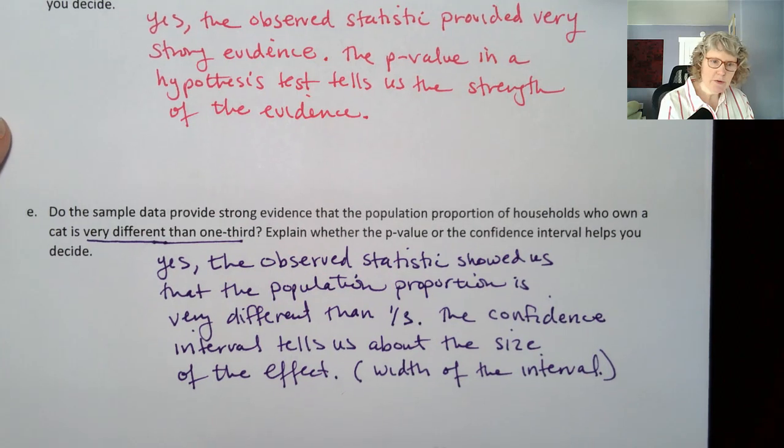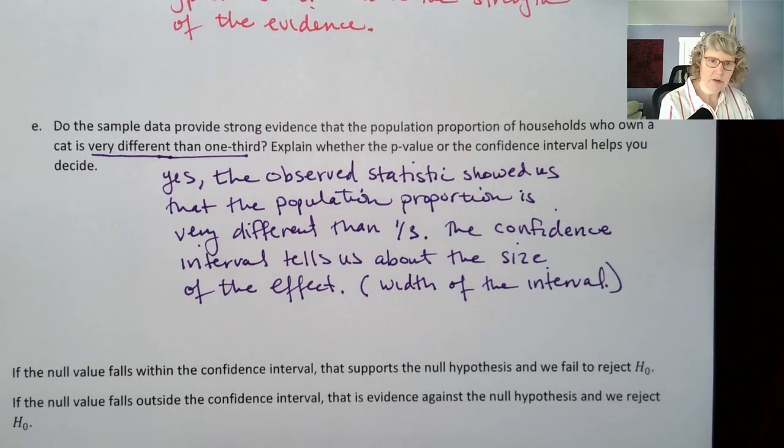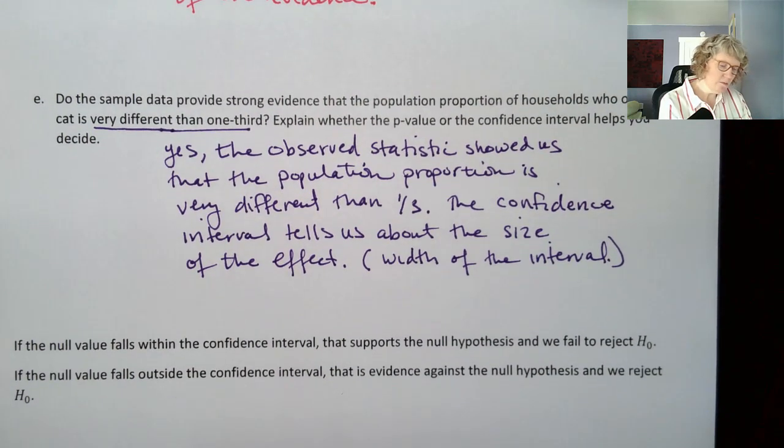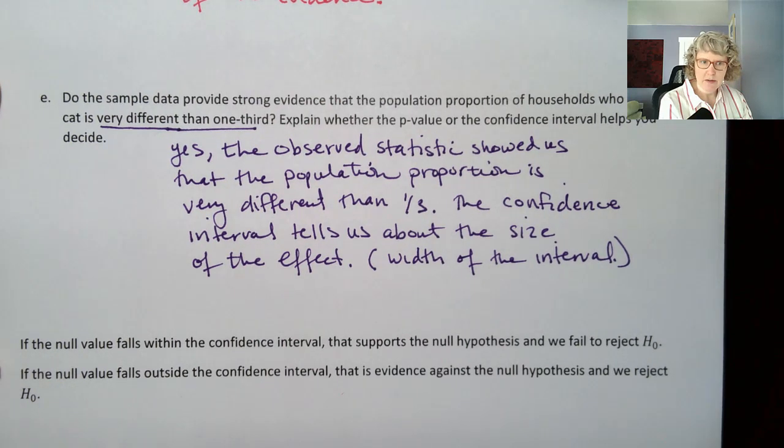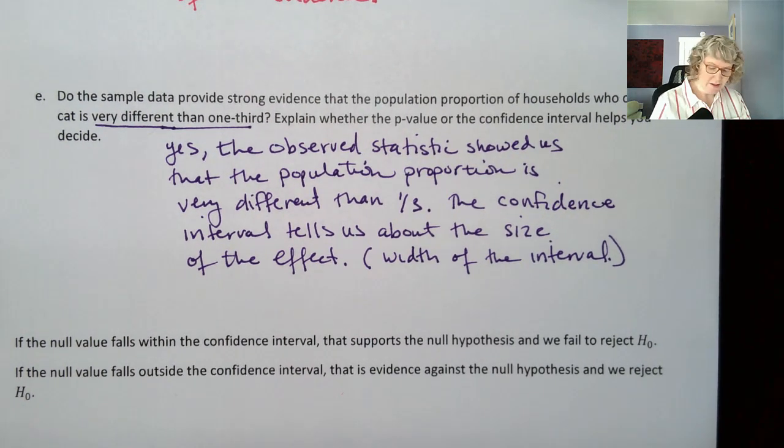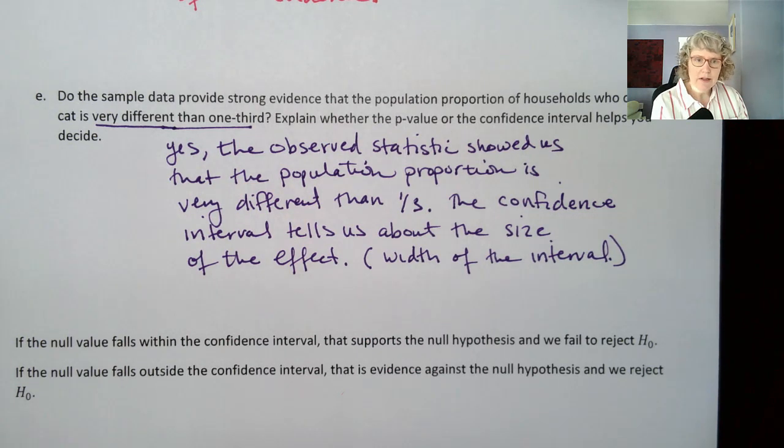So I wrote a summary of that other part right down below here. So this, we'll be doing both methods on a lot of these, so you can see. Well, it's important to do both, right? These are both important, and it's also great to see if they agree or not, and sometimes they disagree.